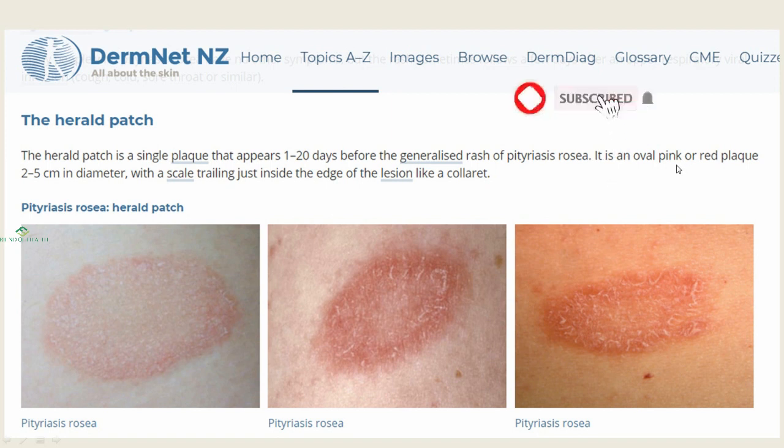It is an oval, pink or red plaque, 2 to 5 cm in diameter, with a scale trailing just inside the edge of the lesion like a collarette. You can see the collarette scales here, and this is the herald patch.